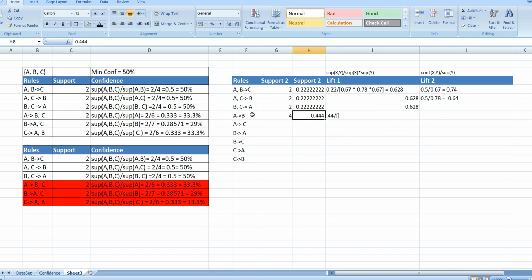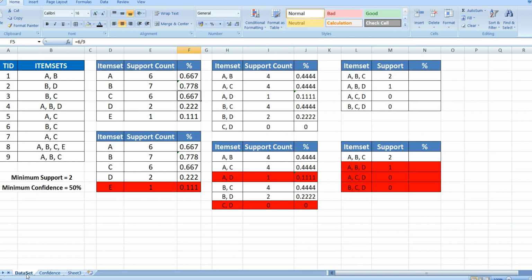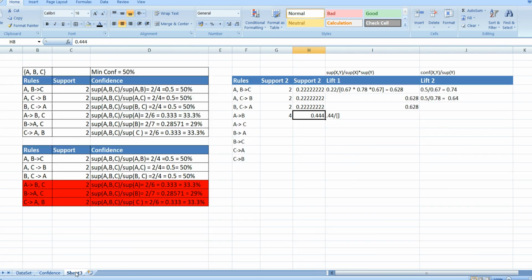so let's check the support of A and B from the previous. The support of A and B is 0.67 and 0.78. So let's bring those down here, and we say 0.68 multiplied by 0.78.